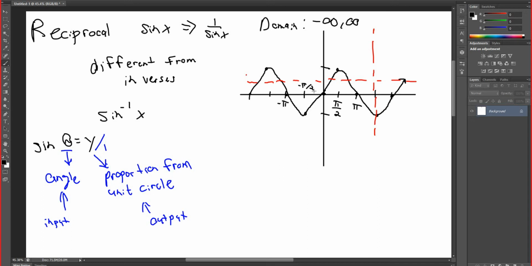So if we wanted to cover every single value, I would only be looking at -pi/2 to pi/2. So I'm going to restrict my domain to be -pi/2 to pi/2. And I'm going to redraw this.